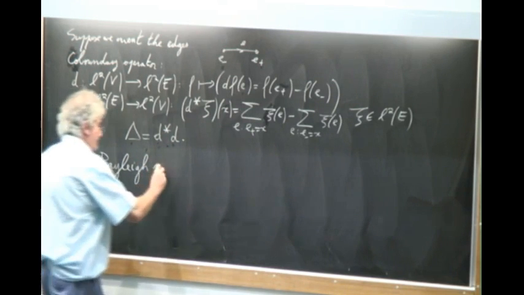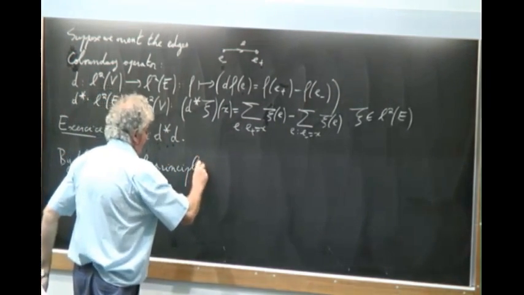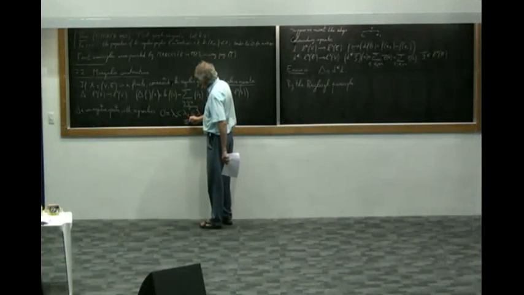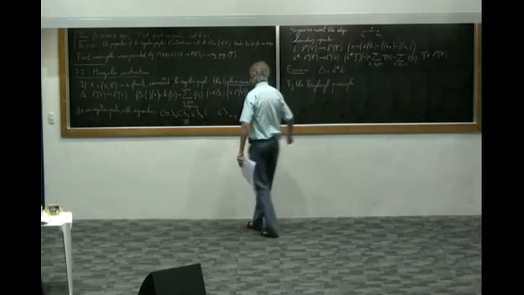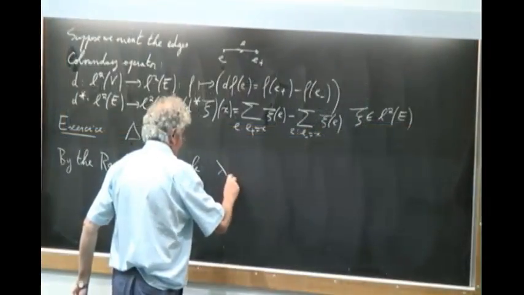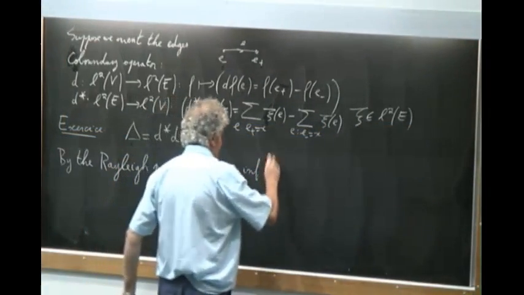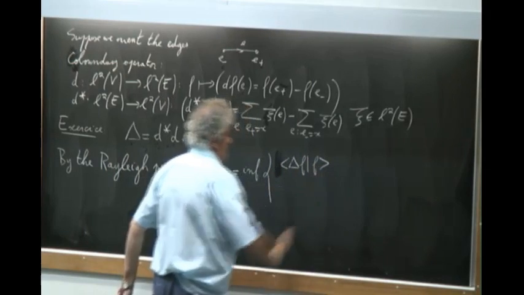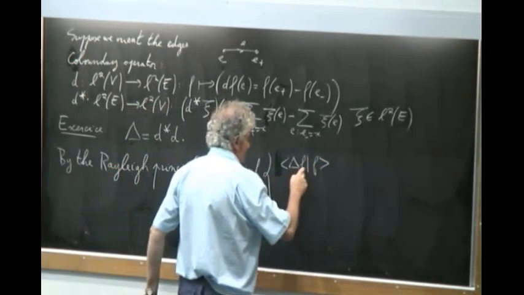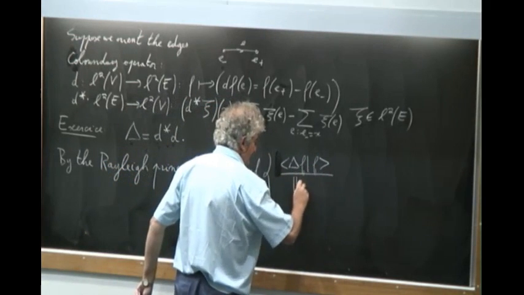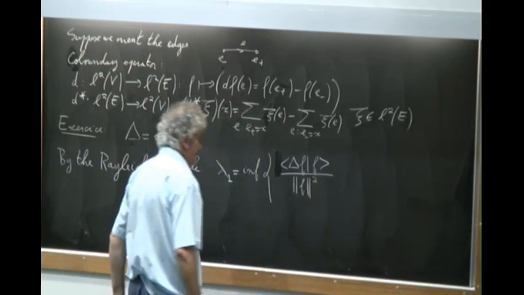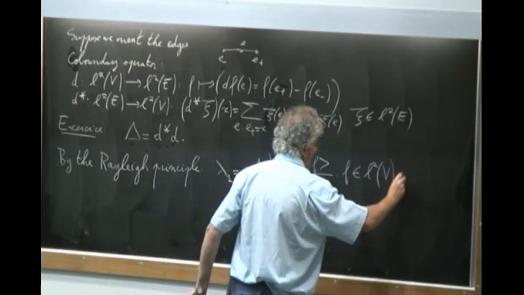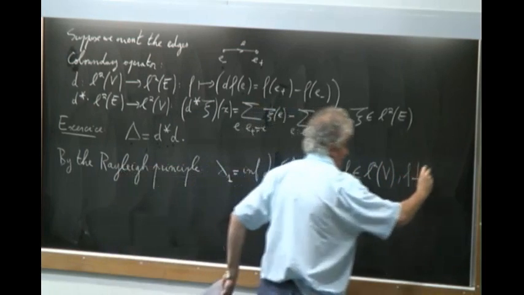Now, by the Rayleigh principle, we have a variational principle for lambda 1, which tells us that lambda 1 is the infimum of the ratio between the quadratic form associated with the Laplace operator, so Laplace of f scalar with f, divided by the norm of f squared, taken over f in L2 of V, orthogonal to the kernel, so orthogonal to the constant function 1.